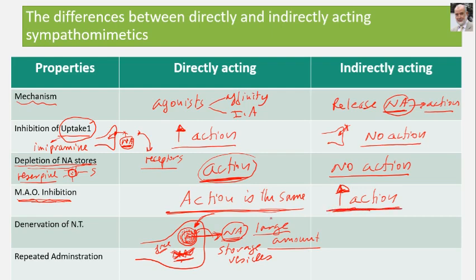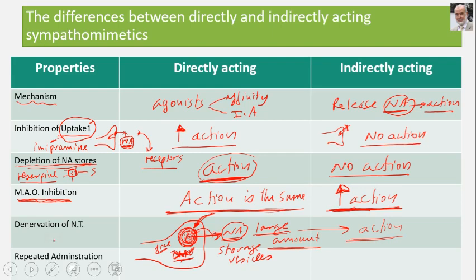Why? Because once they enter the nerve terminal, they find enlarged storage vesicles, causing release of a large amount of noradrenaline, which produces the action. So their action will be greatly potentiated.